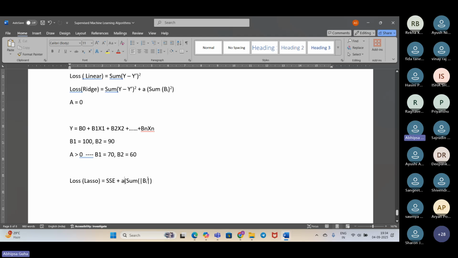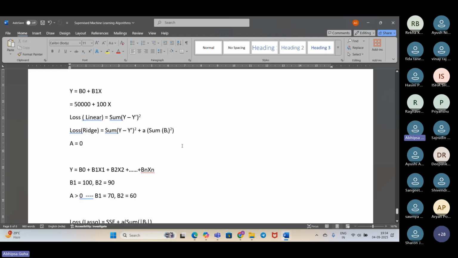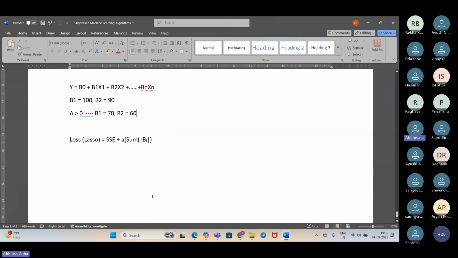Okay, so this is number one. In case of lasso, we can handle the coefficients, that is b1, b2, as you can see we have done it previously. In case of ridge, we can just shrink the value to 70, 60 in this range, but it can never be shrunk to zero. But in case of lasso, we can definitely shrink this value to exactly zero.